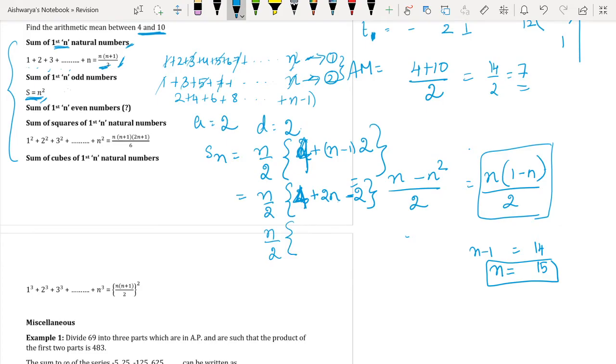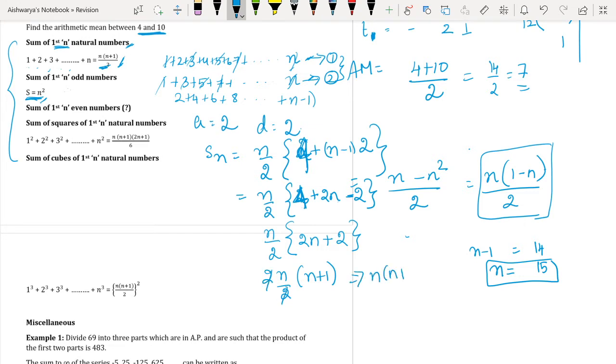What I am trying to tell you is you can solve it like an AP itself. The 2 common you can take out. This and this will get cancelled.